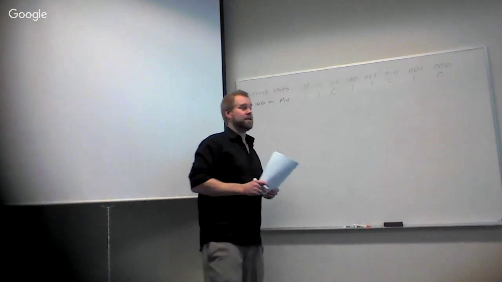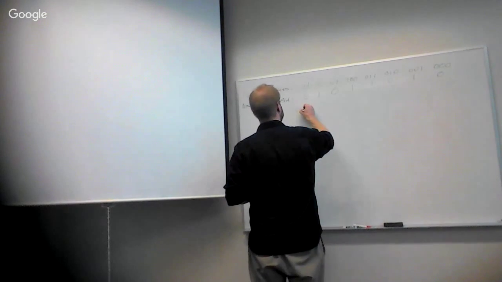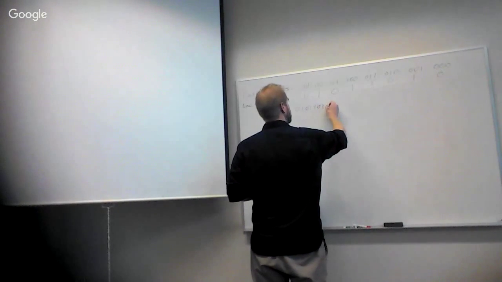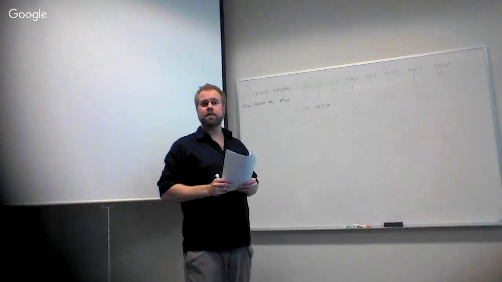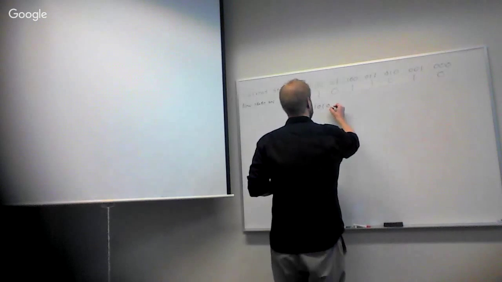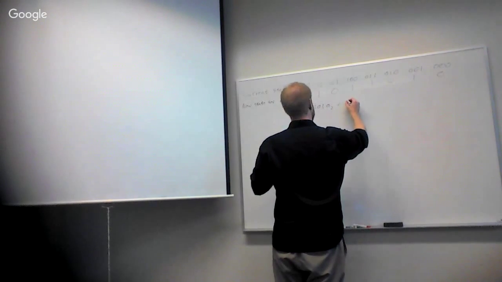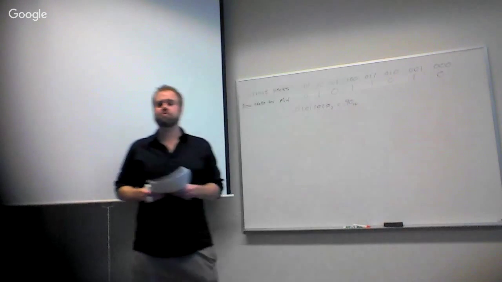One of the things he did, kind of cute, we take our rule set, and let's just write down this number here. This is an 8-digit number, and we can consider it to be binary, in base 2. If we convert that to base 10, which I'm not going to do, you get 90.